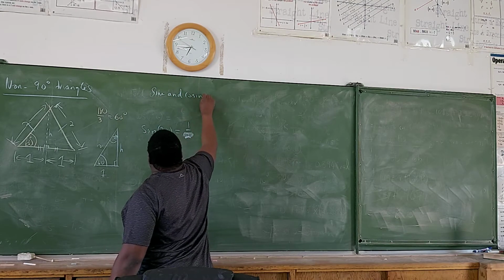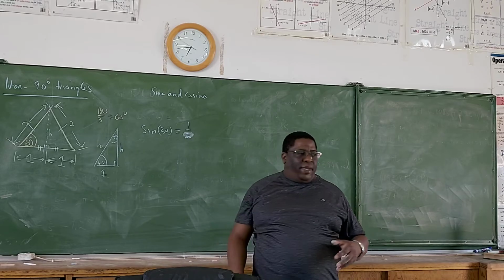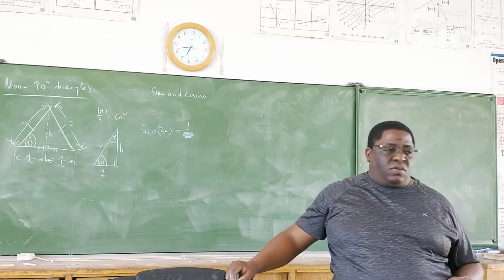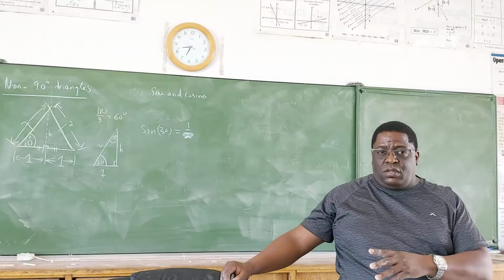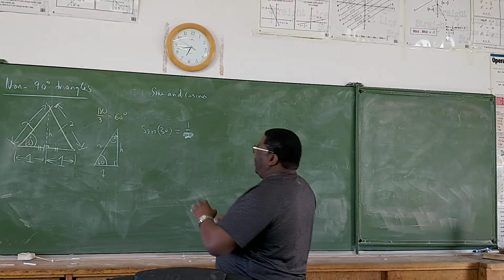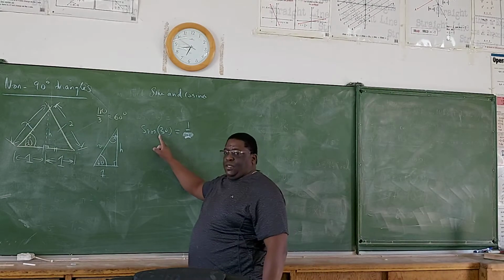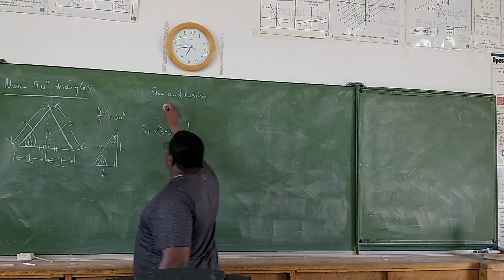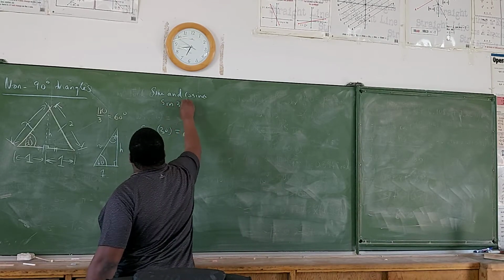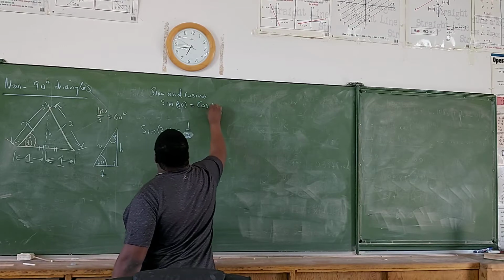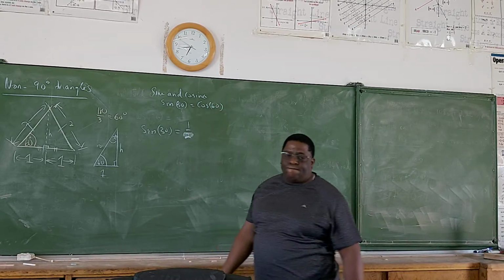So there is a very big similarity between the two, and you'll see once we do the functions, the graphs. For a right angle triangle, the sine of 30 is equal to the cos of 60.